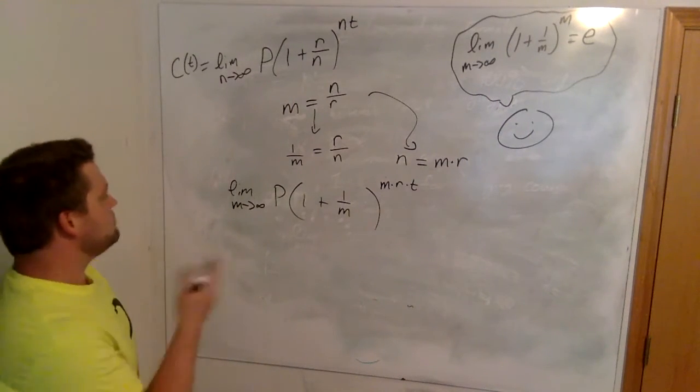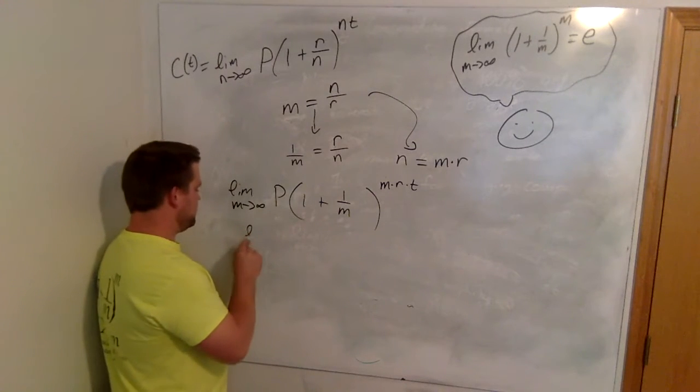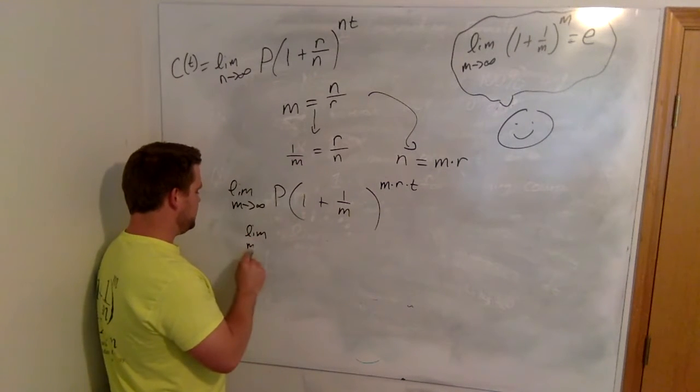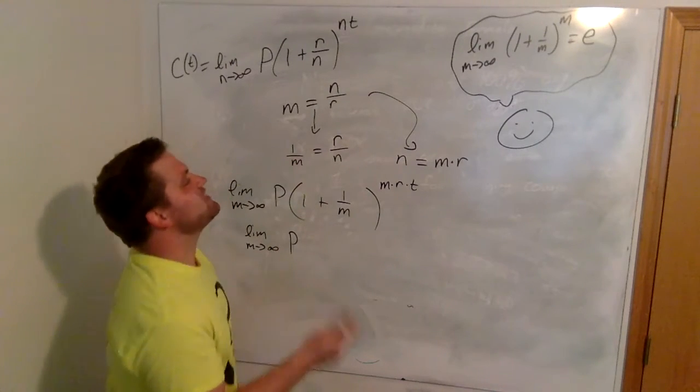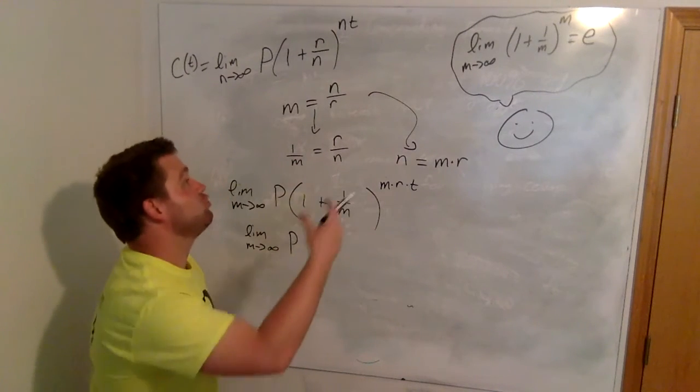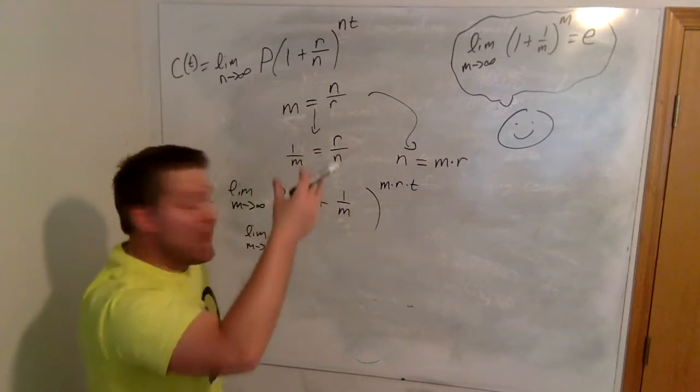Okay, let's play around with this a little bit more. So we're taking the limit as m goes to infinity. I'm going to clean this up a little bit. I would like to see a 1 plus 1 over m to the power of m.